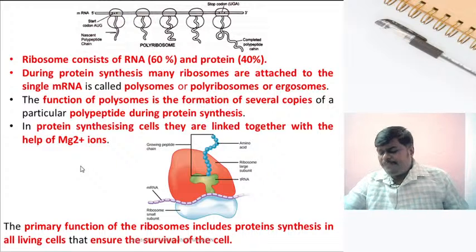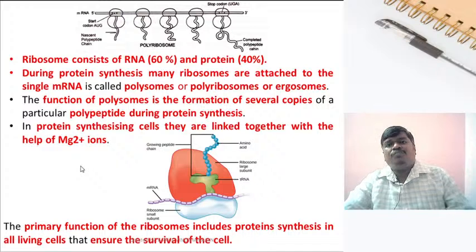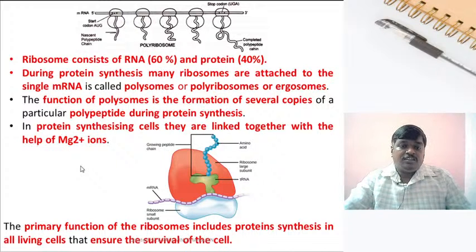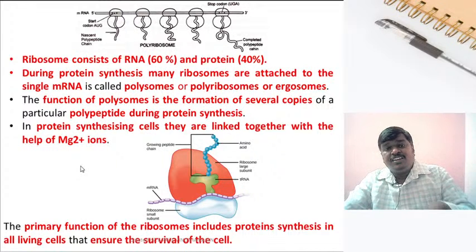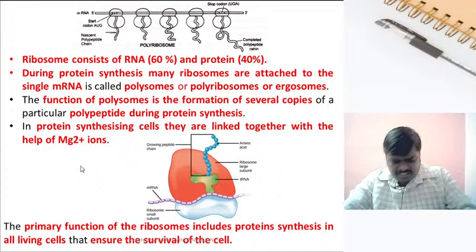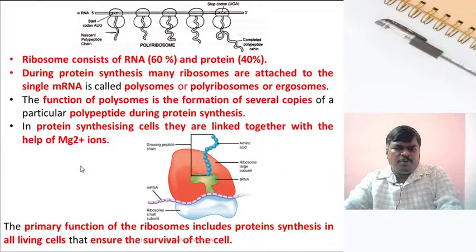And the main functions of ribosomes, as I mentioned, are that they are involved in the process of translation, that is synthesis of protein. Proteins are the main structures that help in formation of enzymes, hormones, and various body structures.